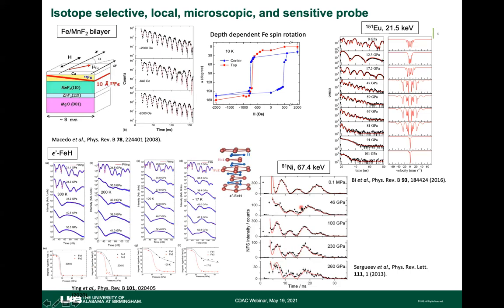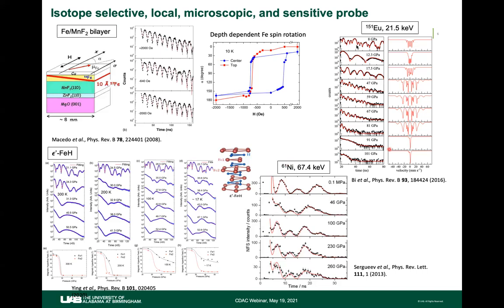Okay, and then another nice work is on nickel-61. Nickel-61 has a nuclear resonant energy of 67 keV. A few years ago, this group at ESRF applied pressure up to 260 GPa to study the magnetism in nickel. Not many techniques are capable of magnetic studies under multi-megabar pressures.